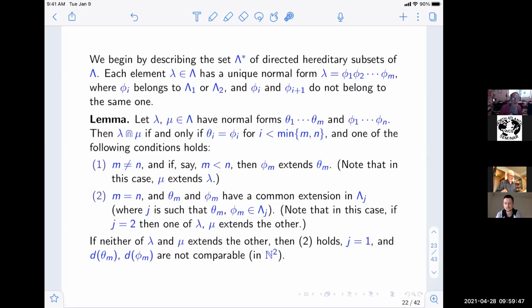This actually is true in any category of paths. When you amalgamate several categories of paths, every element has a unique, what I call normal form.